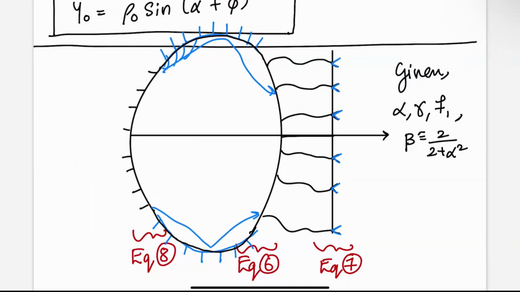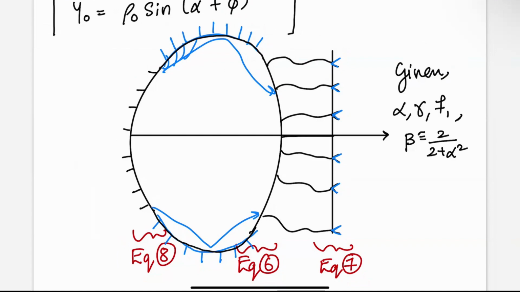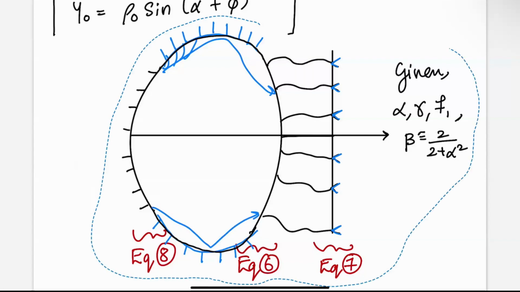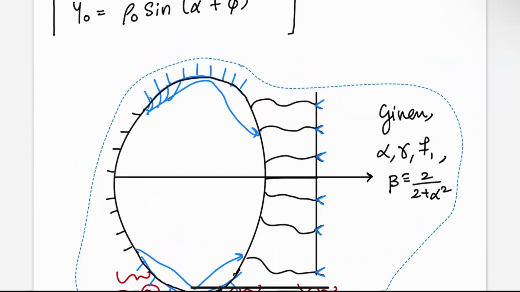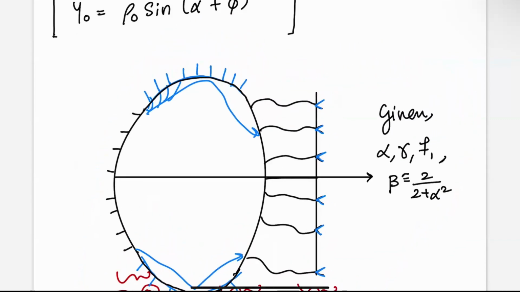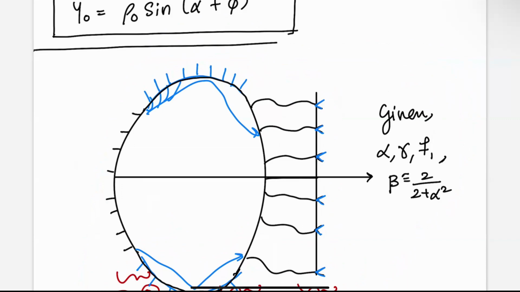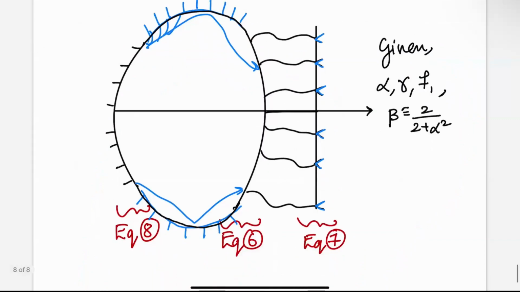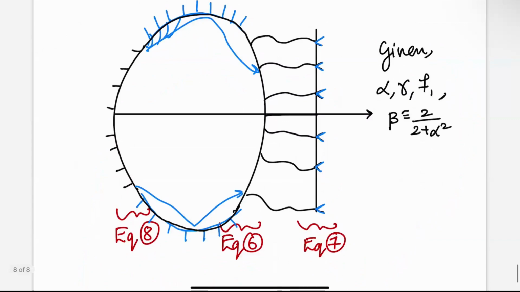Okay, so you have the final lens design now. Let me erase this line. Right, so these are your beam ports.